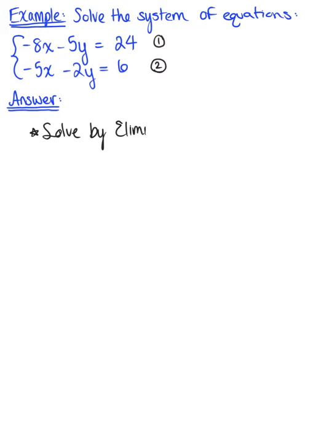We want to manipulate one or both of these equations in such a way that when we combine them, one of the variables will be eliminated or removed. Looking at the variables here, it looks like the y values have slightly smaller coefficients. So let's try to eliminate y.